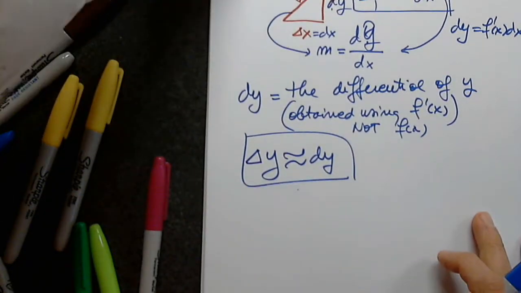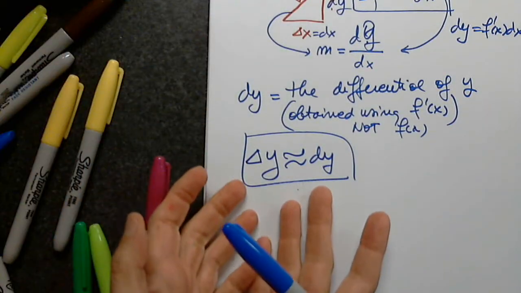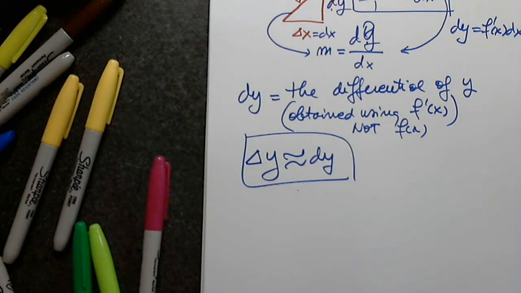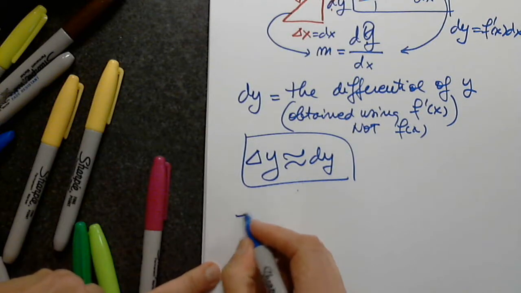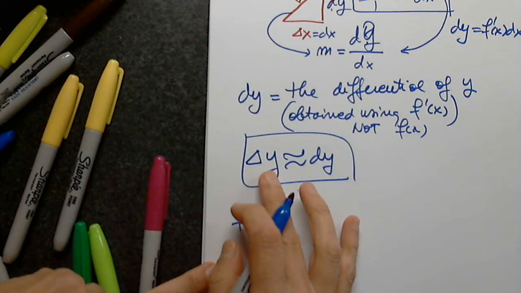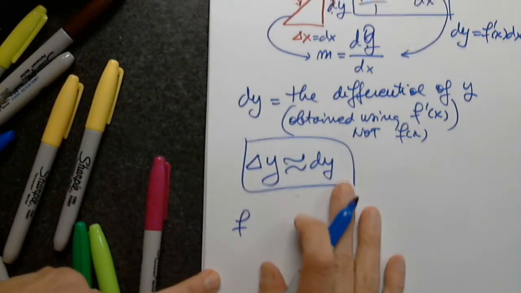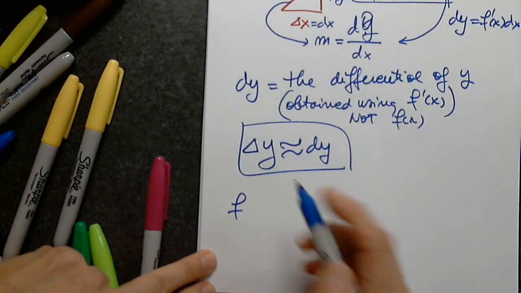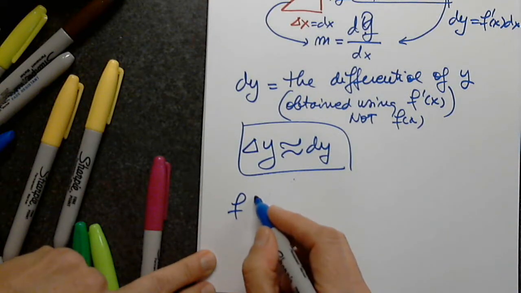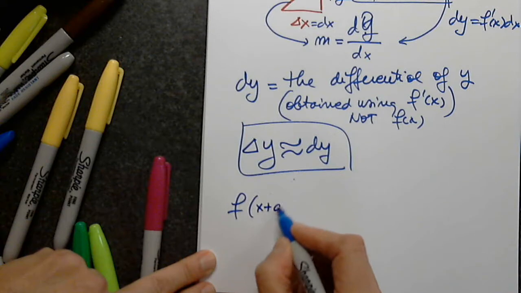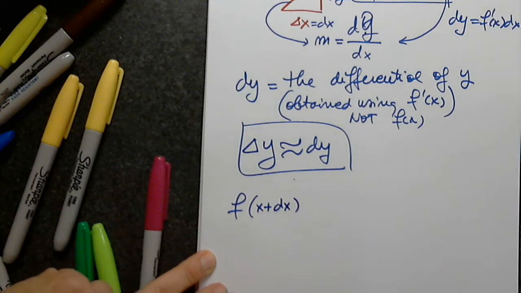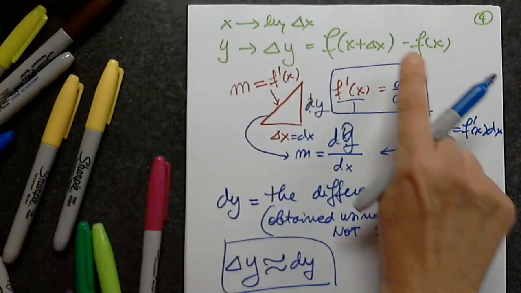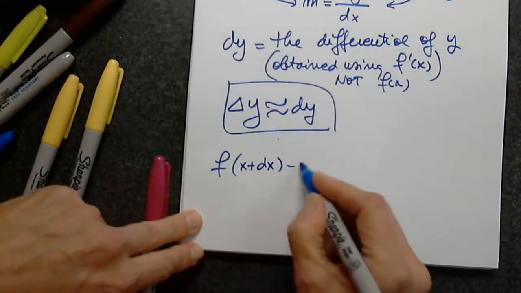So coming back here, this is a crucial relationship. What do I replace the left-hand side by? It's f of x plus dx minus f of x.